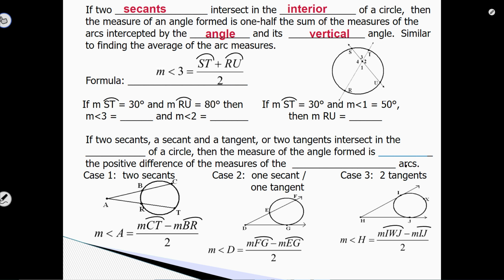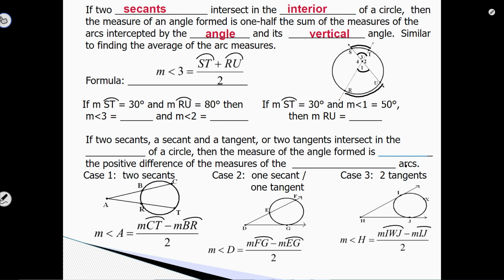What you can do to find the measure of the angle between those two lines and its vertical angle, because we know vertical angles are congruent, is take the measure of the two arcs that it intercepts. So that would be the arc ST and the arc RU.